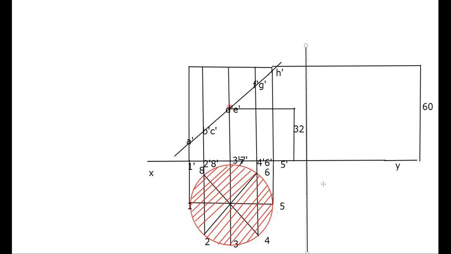And now let's draw a line at an angle. This is the horizontal line for all points.